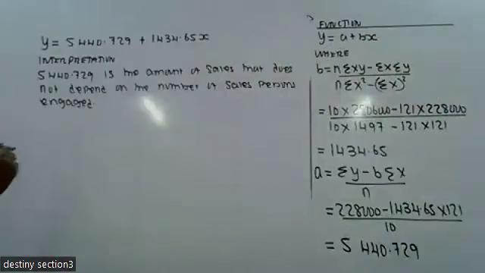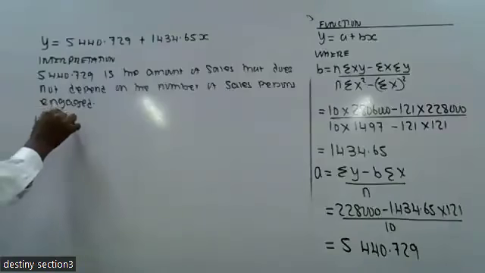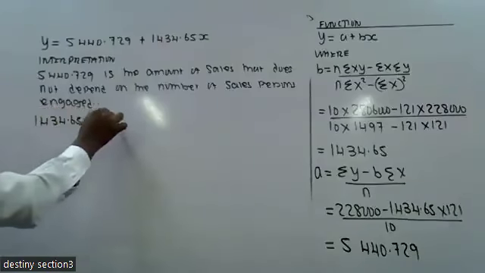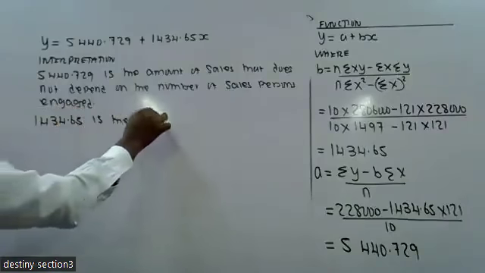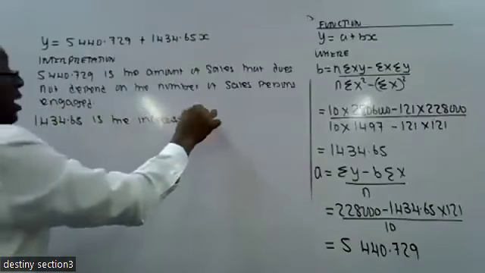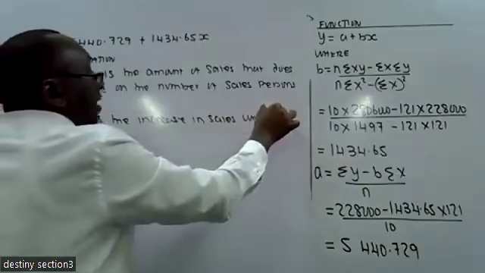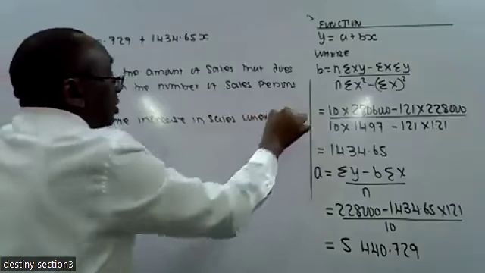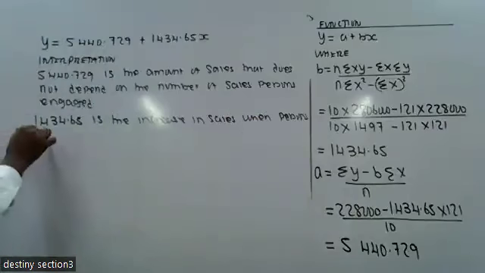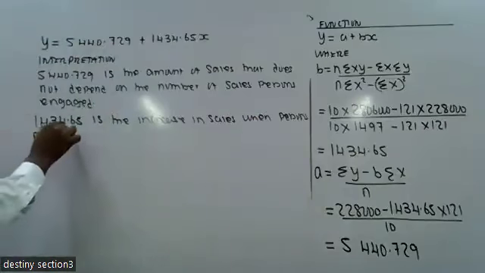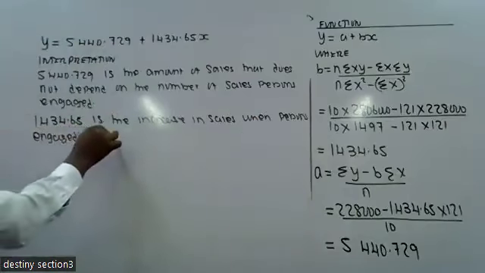Timothy, you can see the figure, that's good. Then this 1434.65 is the increase in sales when persons engaged increase by 1.